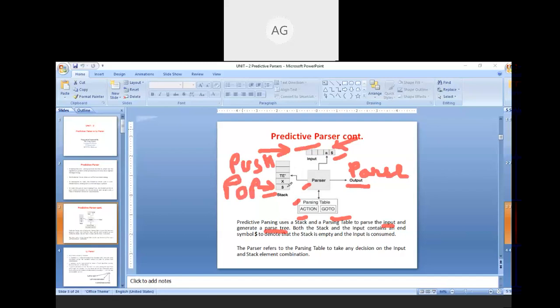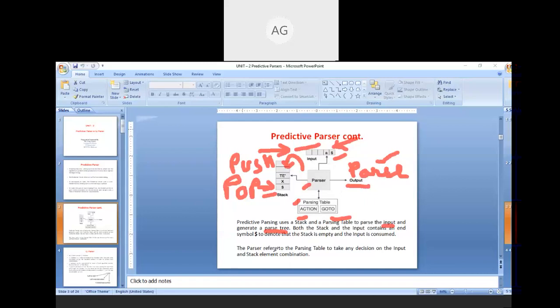The last symbol of the stack is denoted by dollar, and you push the symbols in the stack in last in, first out order. All these components are required in order to generate the parse tree, which is the output of the parser.